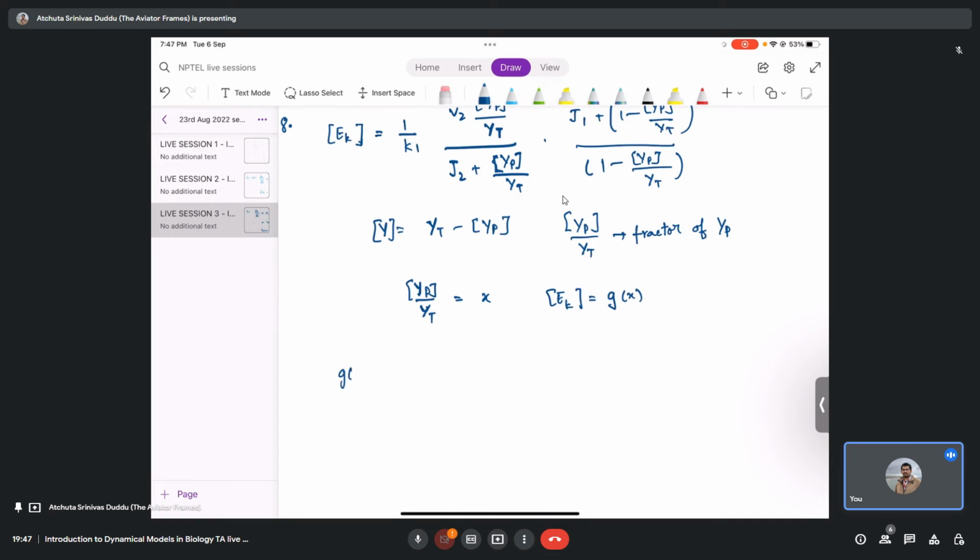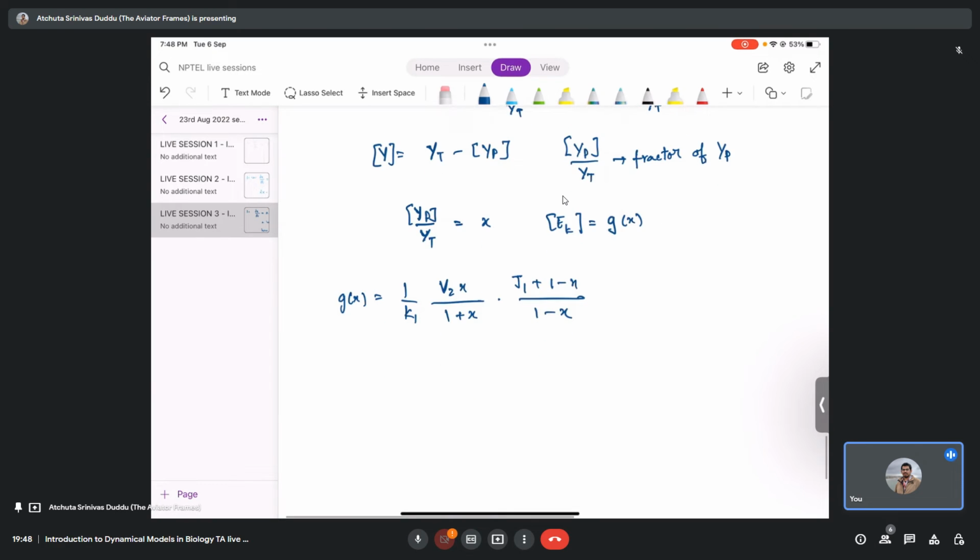So our g of x would be 1 by k1 times v2 x by 1 plus x into j1 plus 1 minus x by 1 minus x, right? Now, oh sorry, this is j2, right? To observe how this function looks, I've used this.